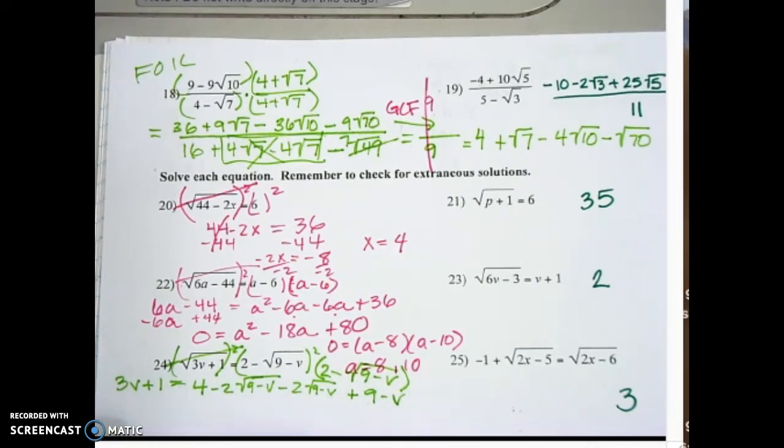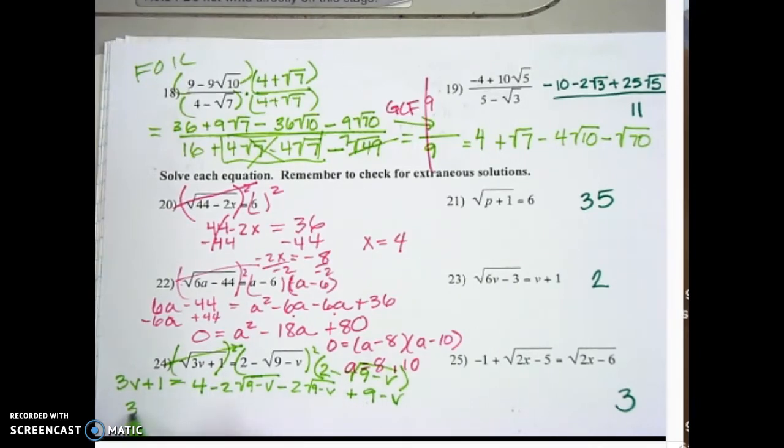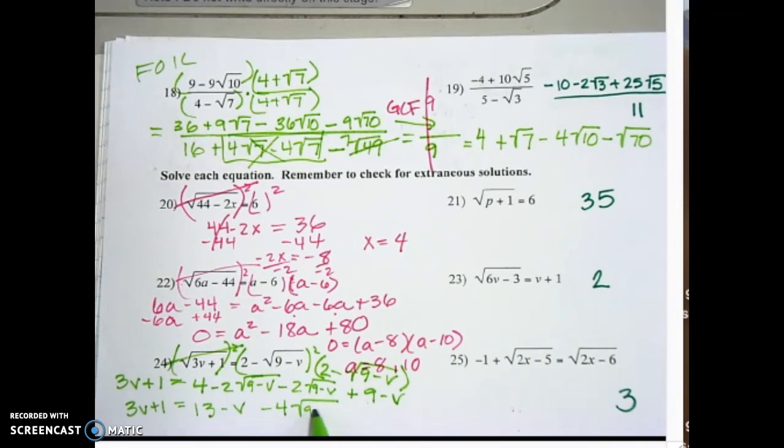All right, so let's get that square root part by itself. So everything else I want to move over to the left. So let's see, 3b plus 1. Combining like terms, I've got a 4 and a 9, so 13. And a minus b, so I've got 4 square roots of 9 minus b. So let's subtract the 13.